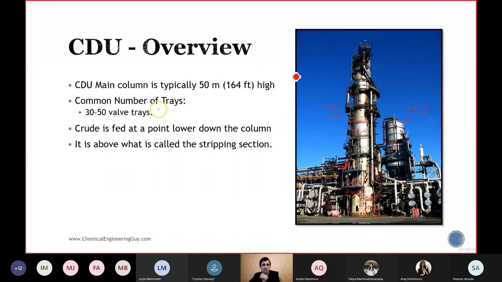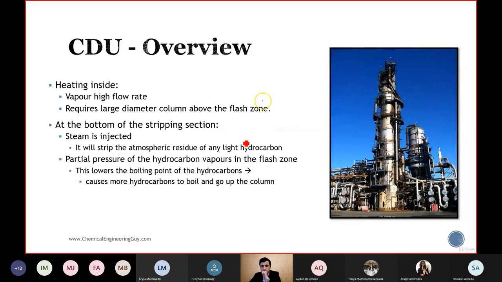Heating inside, the high vapor flow rate requires a large diameter column above the flashing zone. Above the flashing zone here, you need a large diameter. At the bottom of the stripping section, steam is injected. Why is steam injected? Because it will strip the atmospheric residue of any lighter carbon.